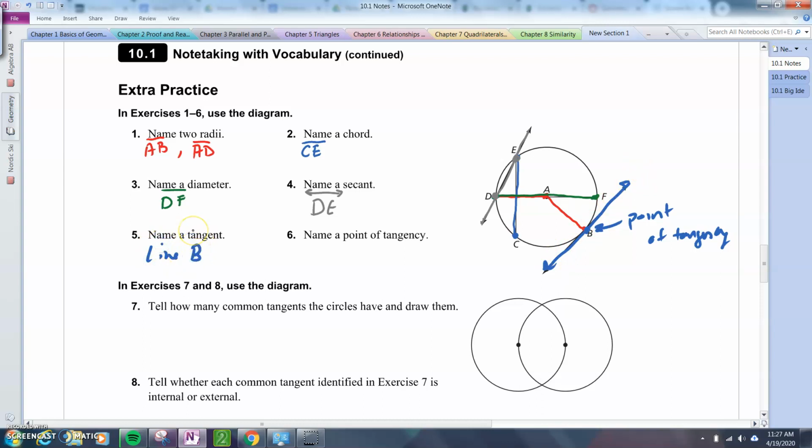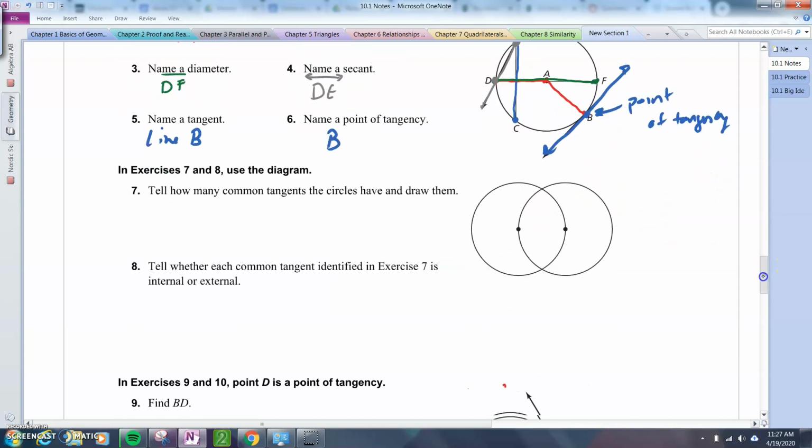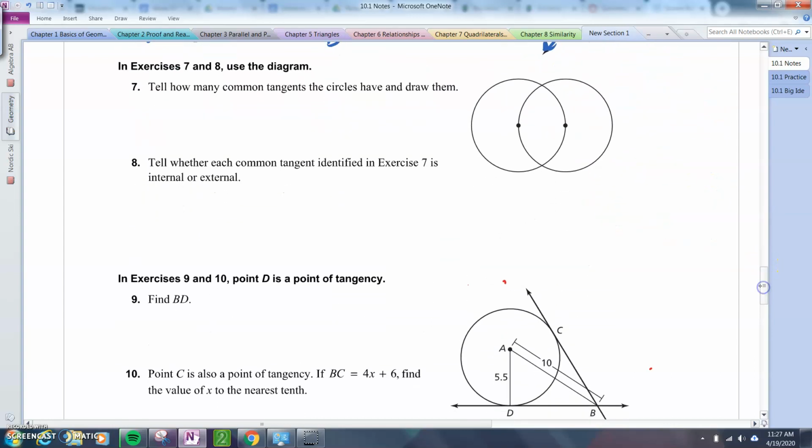So I'm going to call this line B. And actually the point of tangency is B there. Alright, so that is a set of problems for vocabulary. And let's continue here.